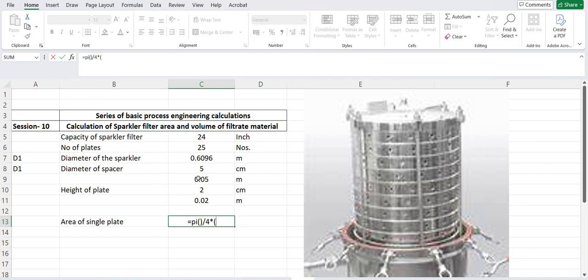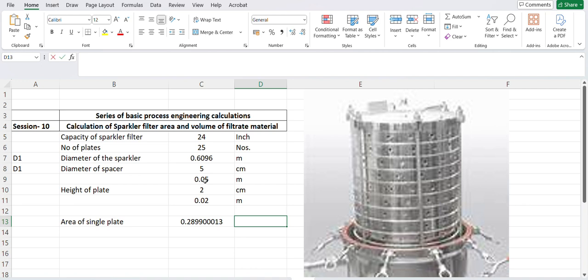We have to subtract the spacer diameter from d1, so we'll get the exact area of the filtration unit available. Here we got the area of a single plate in meter square.